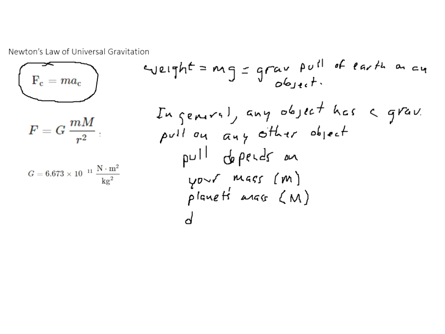And it relates to the distance between the two. So that's if we've got our planet, and then we have our person on our planet. Here's Earth, its mass M.